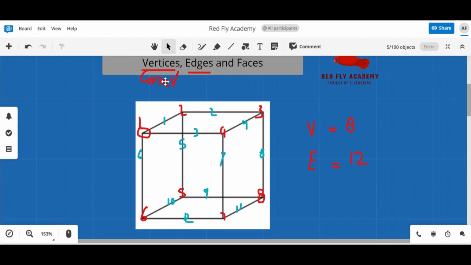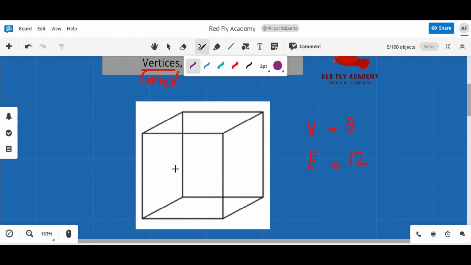Okay, let me erase these things now because we are going to find faces. Faces are basically the plane surfaces.